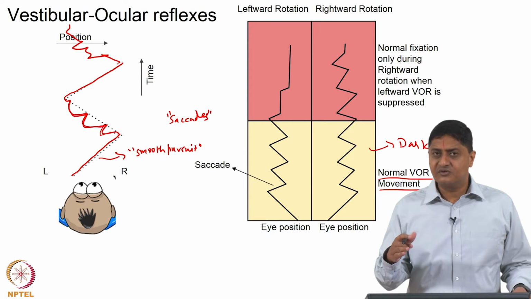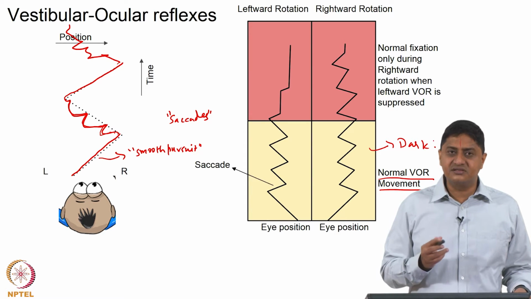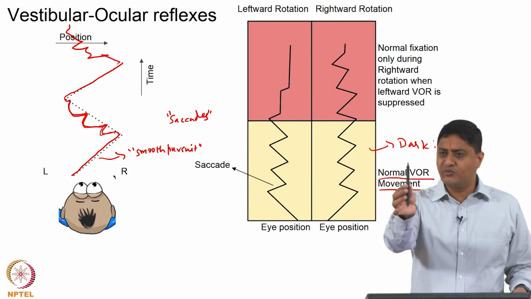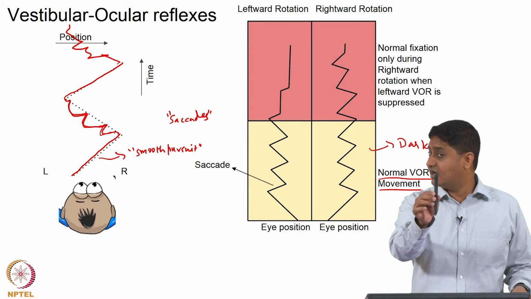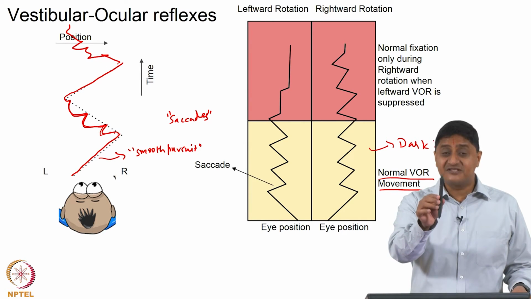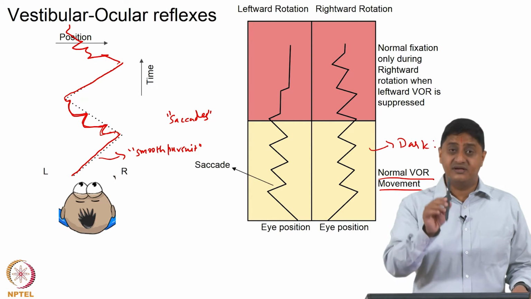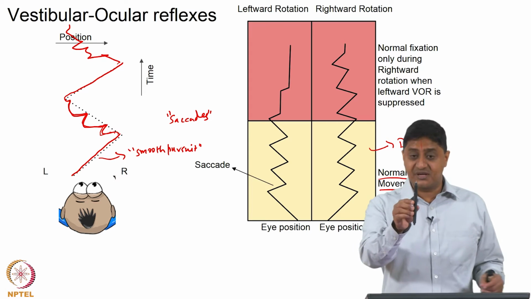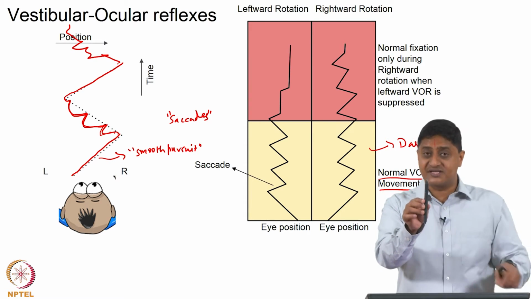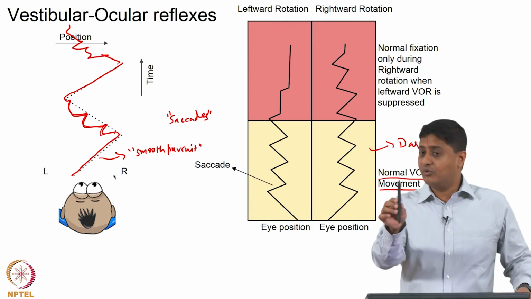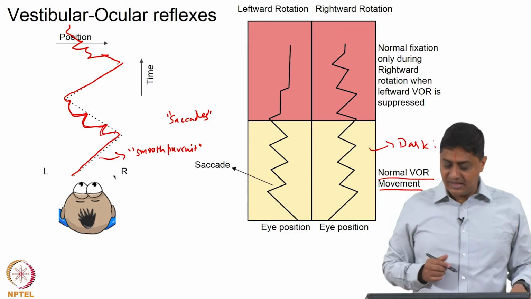The person sitting in the chair is required to fixate on, say, this pen that is moving along. In the earlier cases I said the pen is fixed and I am fixating, but suppose the pen is moving as I am moving. Suppose I have the pen like that and I have to fixate on the tip, and the pen moves as I move.